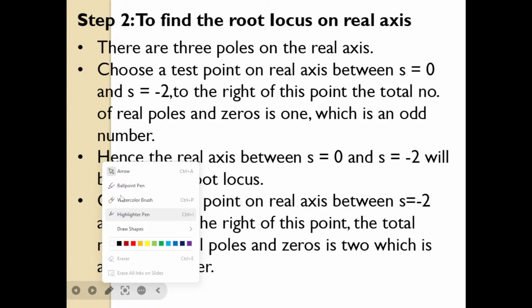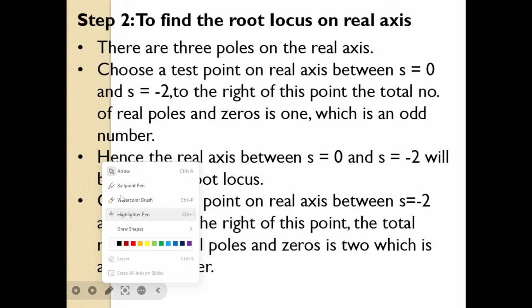So there is a root locus from P1 to P2, and there is a root locus from P3 to infinity. Definitely this P3 must meet the zero at some infinite point. So this is the root locus on the real axis.